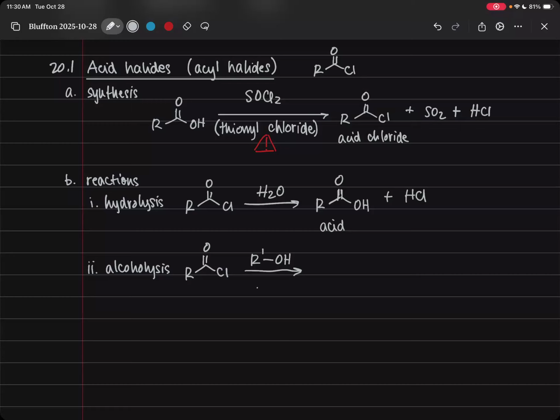And additionally, we want a little bit of pyridine, and that's going to act to absorb some of the acid that's produced in the reaction, so it doesn't affect the product.